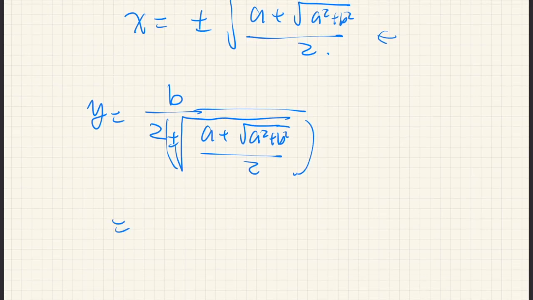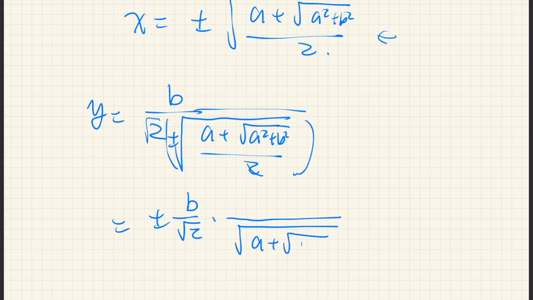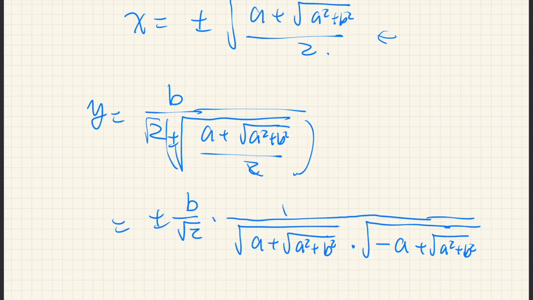Okay, so let's cancel this 2 with this square root of 2, and we have plus minus b over the square root of 2 times (a plus the square root of a squared plus b squared). Let's simplify this by multiplying both numerator and denominator by negative a plus the square root of a squared plus b squared.